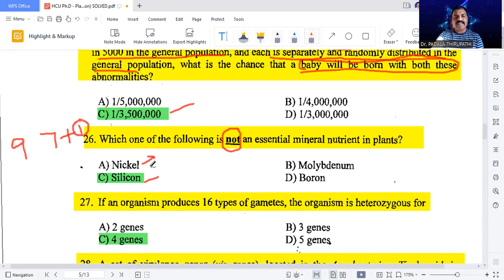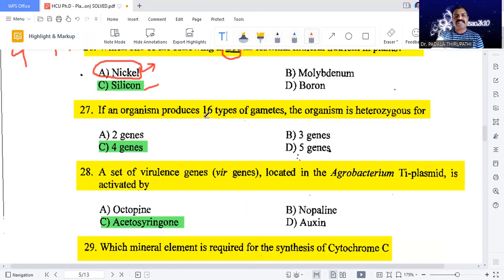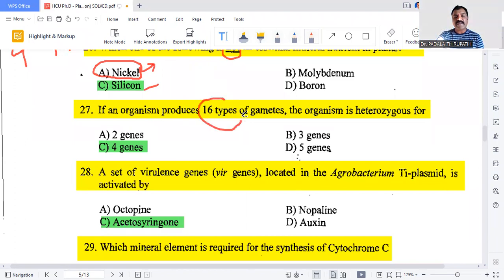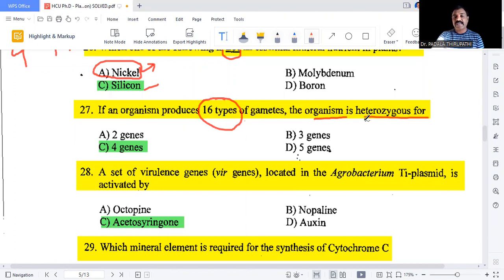If there is a deficiency of nickel, we observe mouse ear in pecan. In pecan plants, mouse ear disease is observed due to nickel deficiency. Okay, then, if an organism produces 16 types of gametes, the organism is heterozygous for 4 genes.